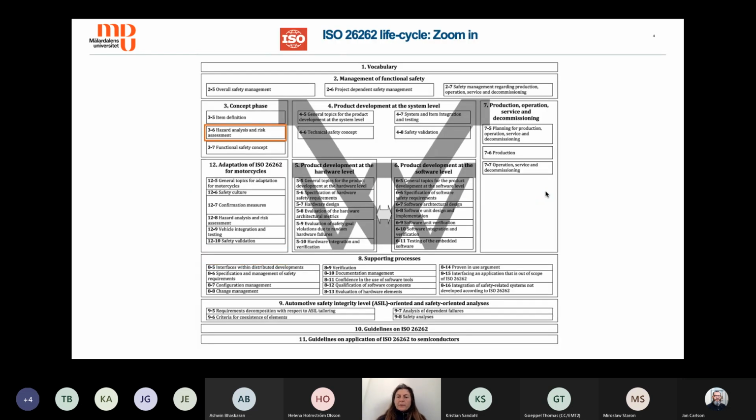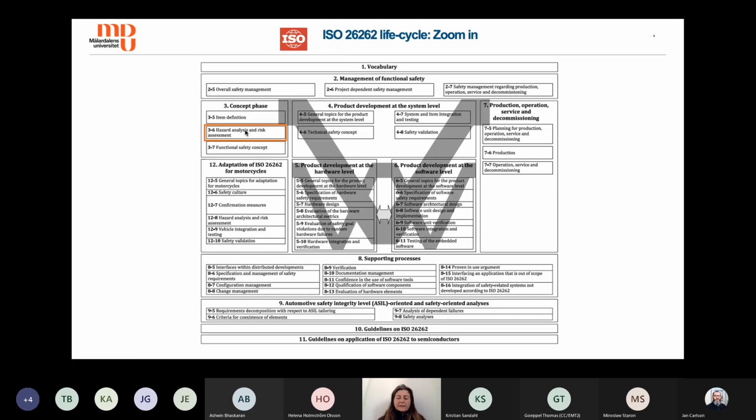Since the problem of safety in the context of automotive is treated as a risk-related problem, we are interested in avoiding unreasonable risk with different facets. You can see here that we have a prescription that we should adopt a risk-driven process, and risk analysis and assessment is done immediately after the definition of the item.